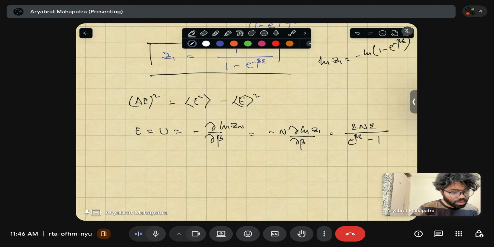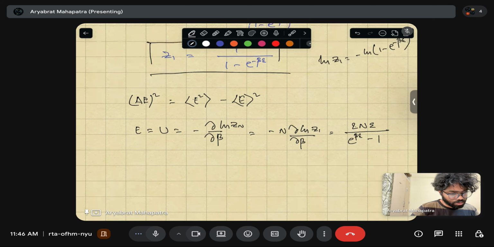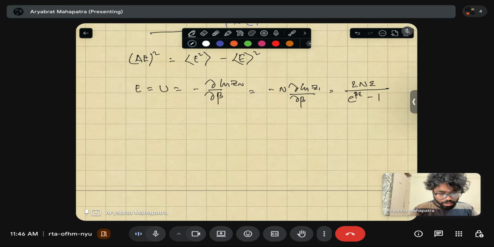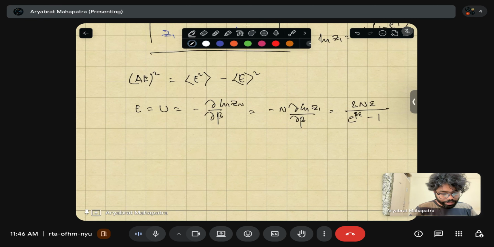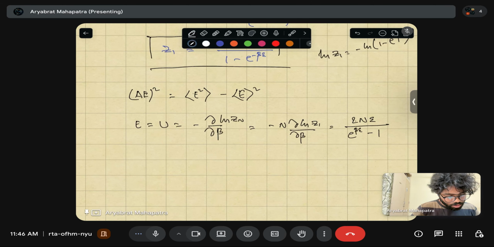Okay. So then for now your delta E basically becomes... so for you, you basically find out what will be your mean energy.